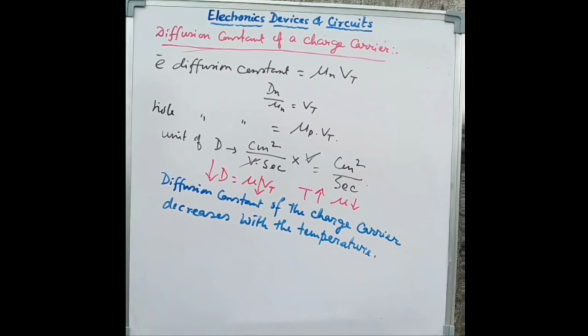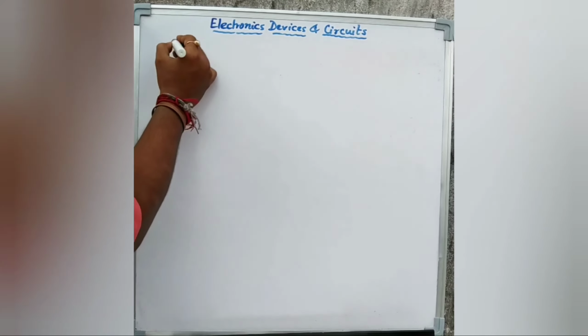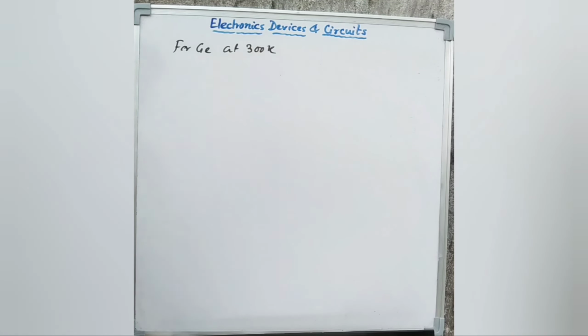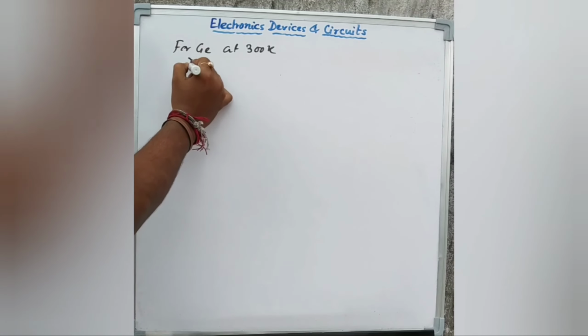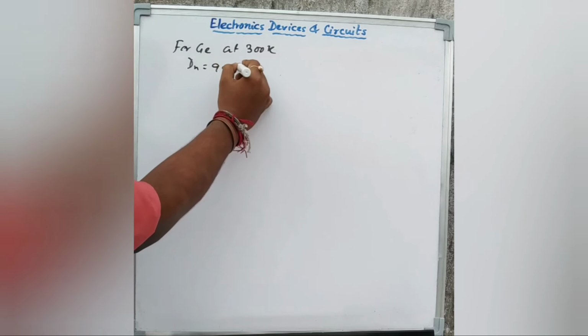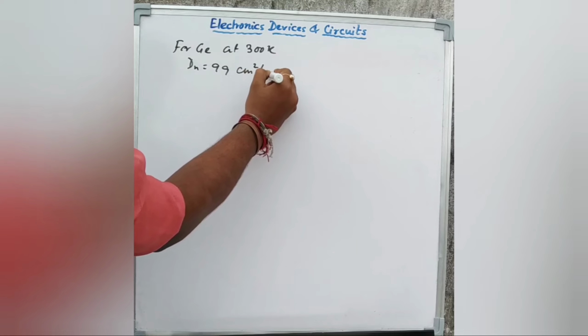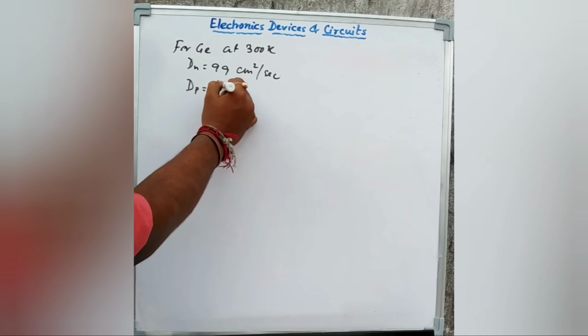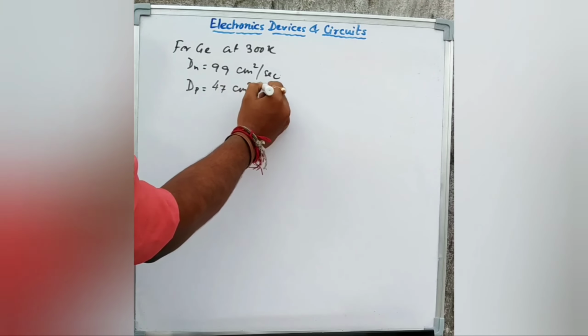For germanium and silicon, this diffusion constant value is different because the value of mobility is also different. For germanium at 300 Kelvin, the diffusion constant is Dn equals 99 centimeter square per second and Dp is 47 centimeter square per second.